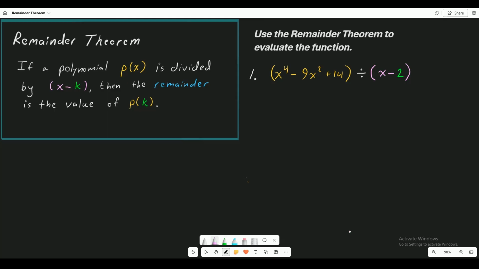Keep in mind that it's x minus k. So right out the bat, my k value is equal to 2. So that means that the remainder of this polynomial will be P of 2. So whatever my remainder is, it'll be the value P of 2.